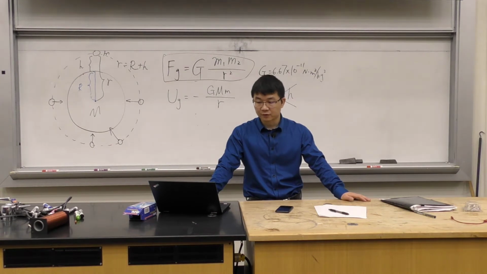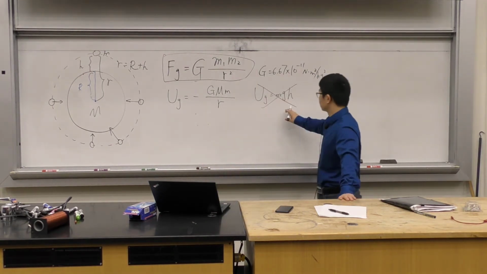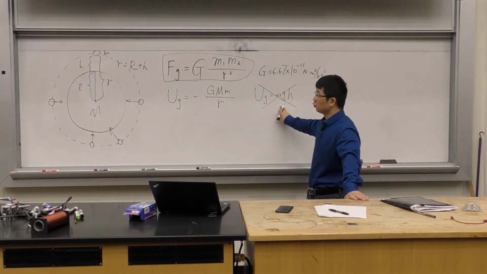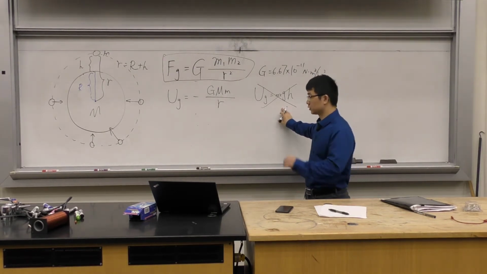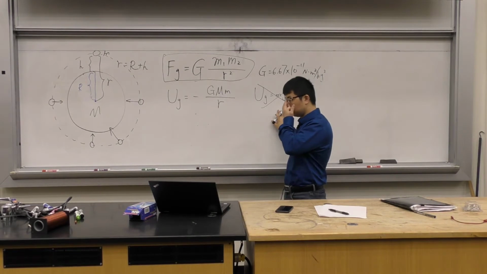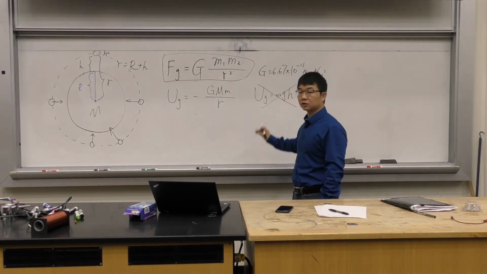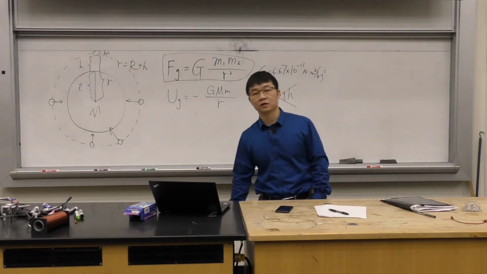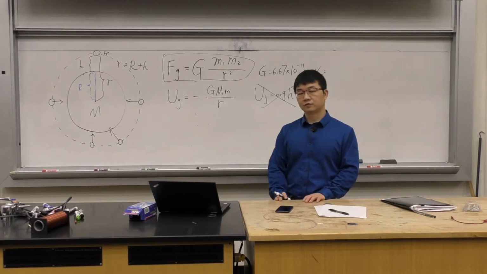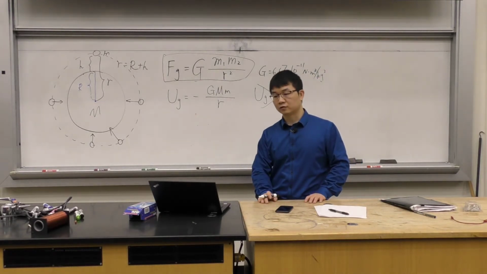Far away from the Earth, this little g is not going to be 9.8 anymore, and secondly, it's changing all the time. So this equation is only an approximation. It's a very good approximation on the surface of the Earth, or very close to the surface of the Earth.